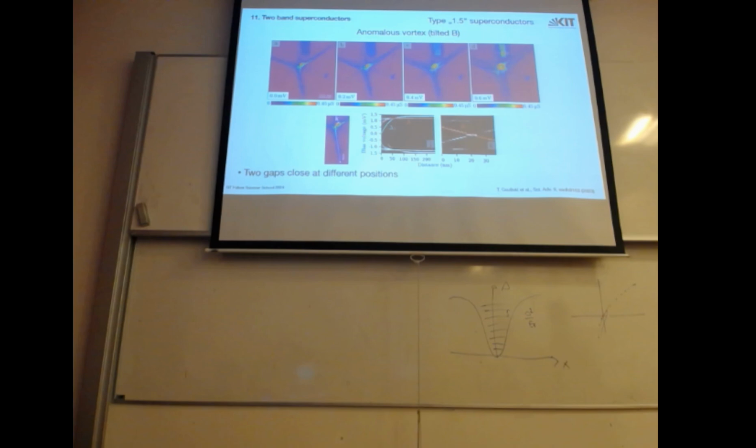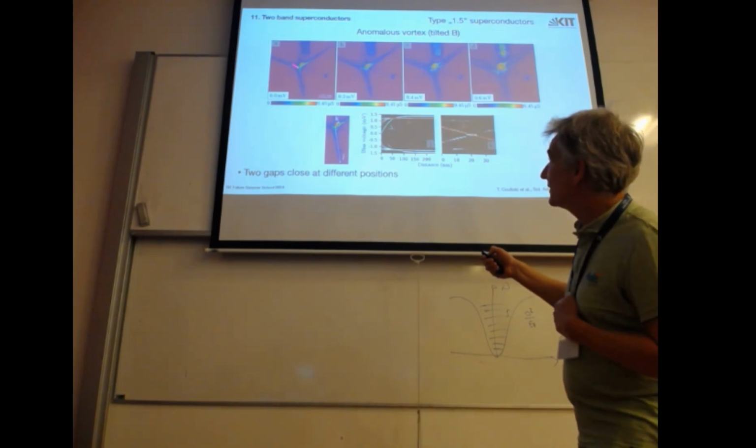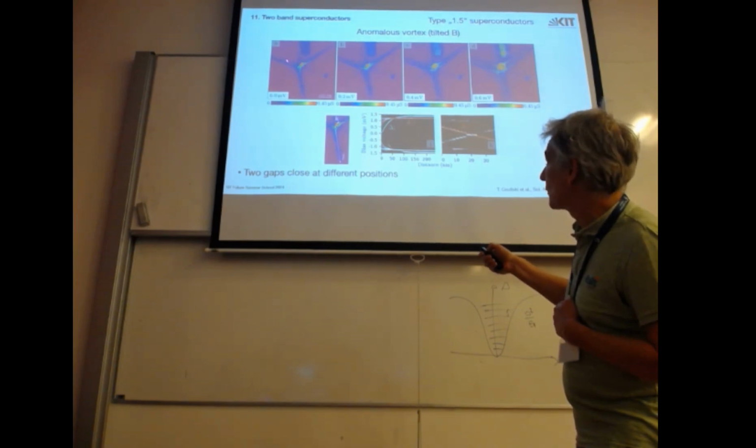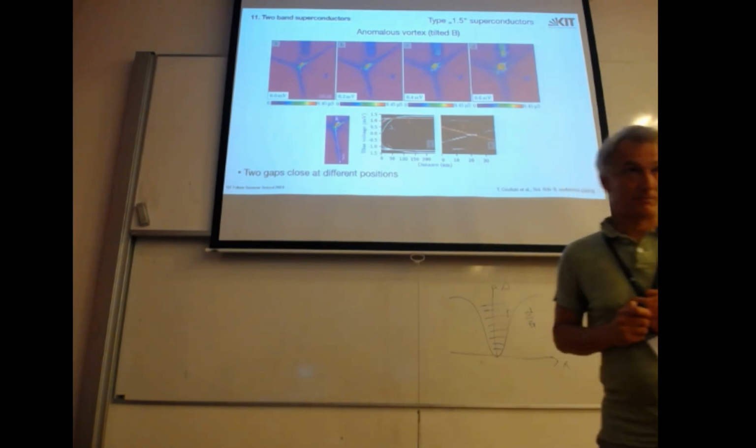I can show proof of that by applying a magnetic field which is tilted on the surface in a special direction, which breaks the symmetry of the system. Now I don't have a round object, I have a tilted object at the surface, and you can see again the star for one band, and for the other band the peak is now displaced.